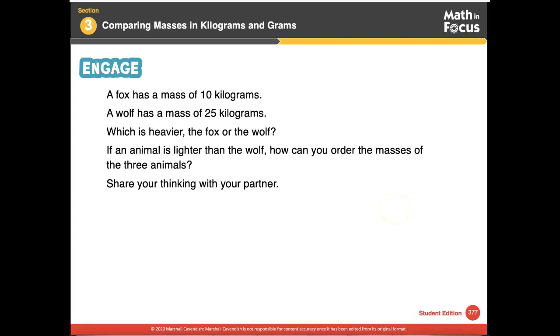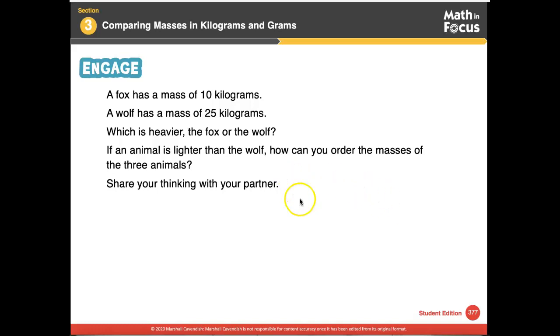Alright, this one says a fox has a mass of 10 kilograms. A wolf has a mass of 25 kilograms. Which is heavier, the fox or the wolf? If an animal is lighter than the wolf, how can you order the masses of the three animals? It says share your thinking with your partner, but we're going to just talk about it in this video.